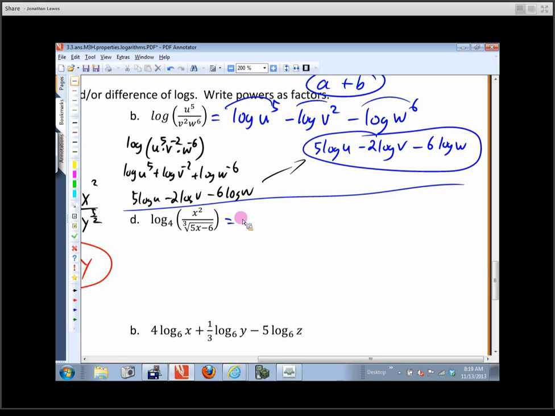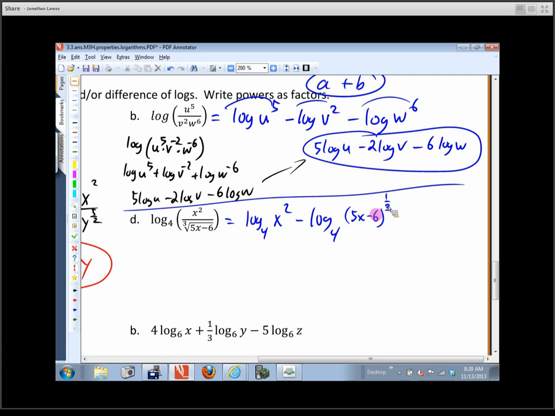So I'm not going to skip a step. I'm going to write log base 4 of x squared, and then I'm going to write minus log base 4 of 5x minus 6. Okay, now remember I said radicals don't play well with logarithms? So instead of writing this as a cube root with a radical sign, what am I going to write? Fractional exponent, rational exponent.